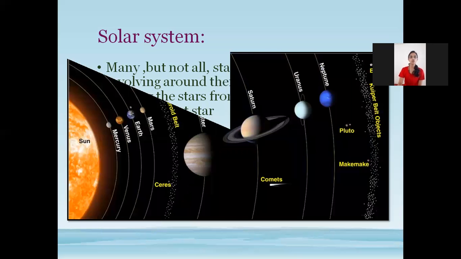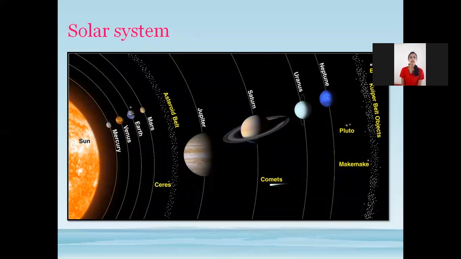This is how our solar system looks. The bright shining sun at the center, then closest to the sun is Mercury, after Mercury Venus, after Venus Earth, after Earth Mars, after Mars there is Jupiter, Saturn, Uranus, Neptune.